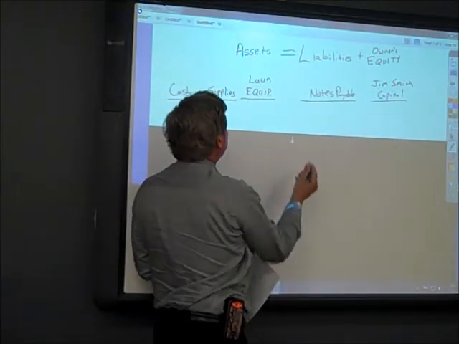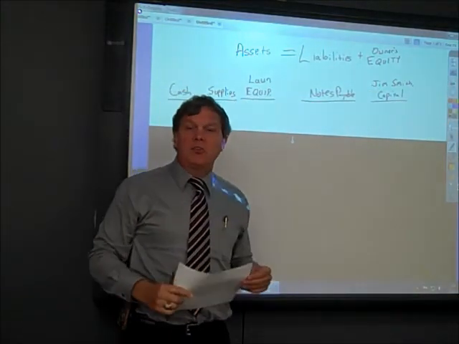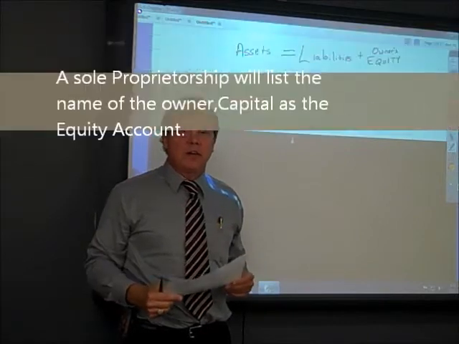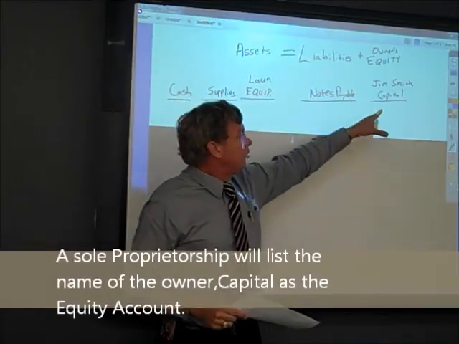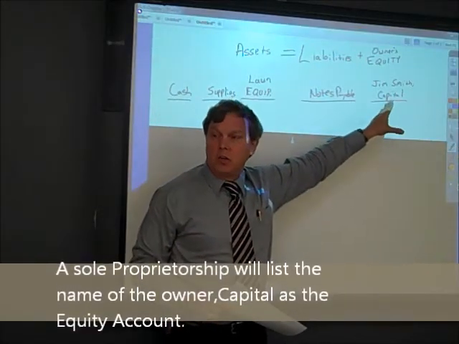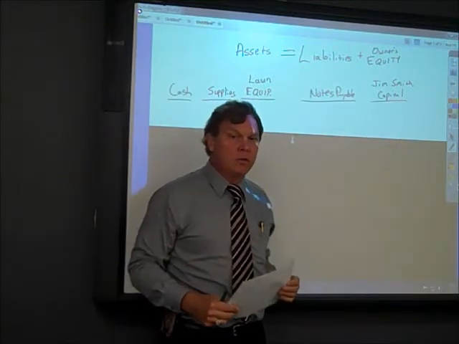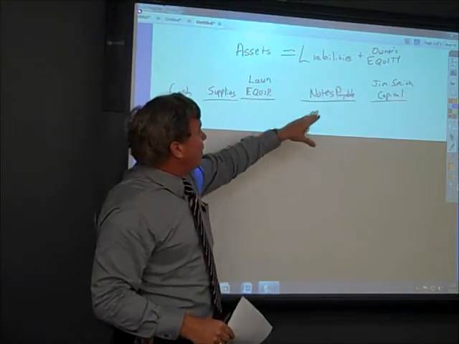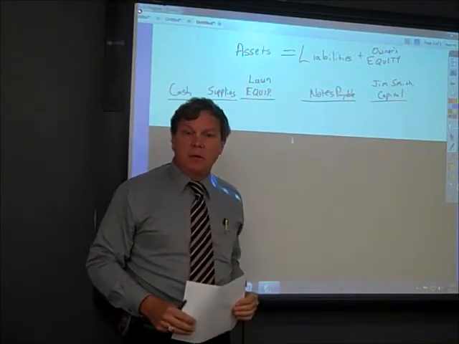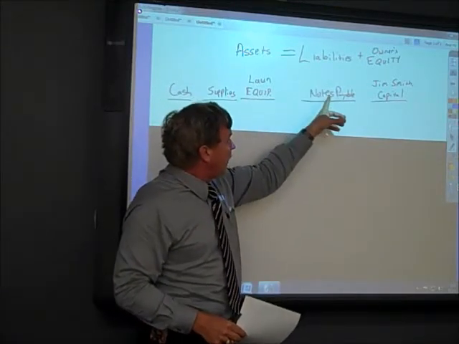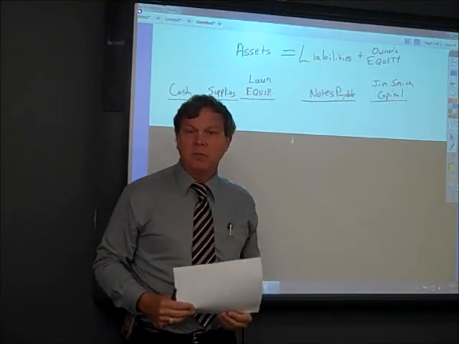Now in our example, we're going to talk about Jim's Lawn Care. And Jim Smith, he's the owner, and we call it Jim Smith Capital as the name of the owner's equity account. We're going to have one liability account called Notes Payable, and so I have that listed under our liability section.